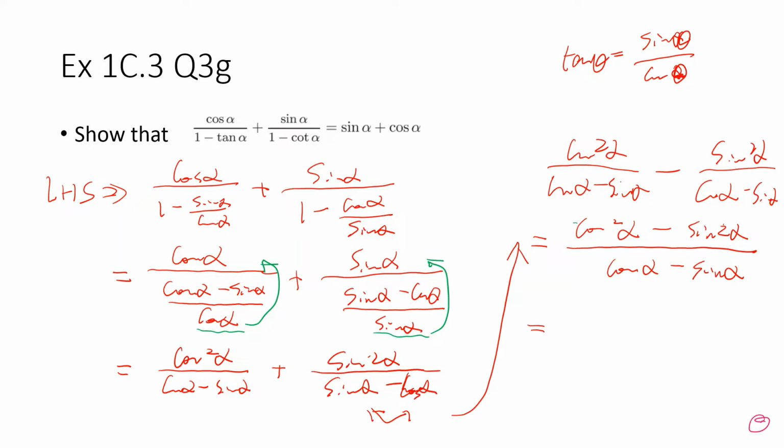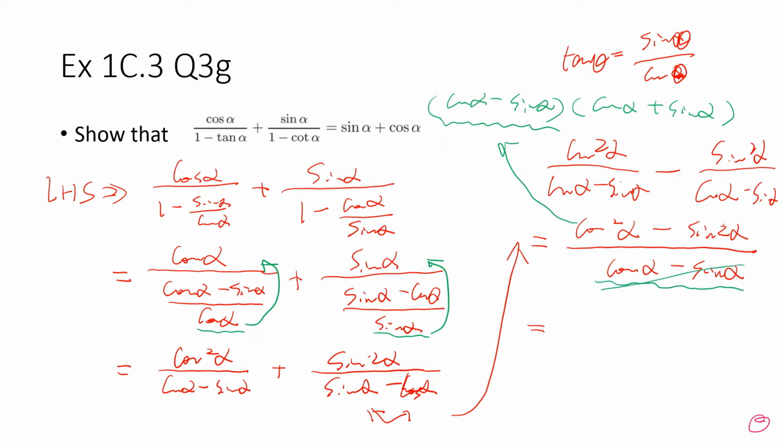Just to save space, I'm going to write the factorization of the difference of perfect squares here: cosine alpha minus sine alpha multiplied by cosine alpha plus sine alpha. So we can see that here is our common factor, and we can safely cross them off. So we nicely arrived at the right-hand side, which is cosine alpha plus sine alpha.